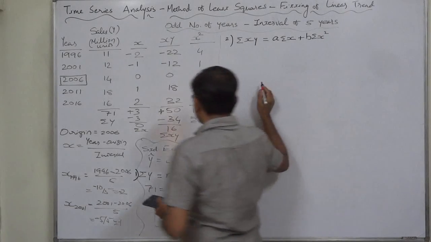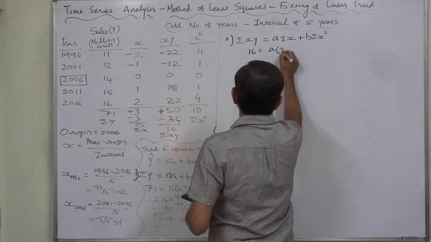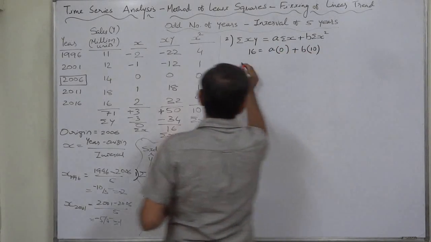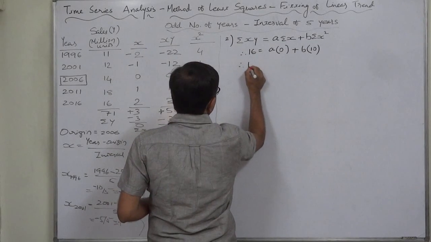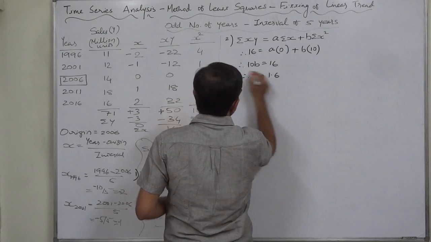Now let's substitute the values. Sigma xy is 16, a into sigma x is 0, plus b into sigma x square is 10. So this is 10b equals 16, hence we can say that b is 1.6.